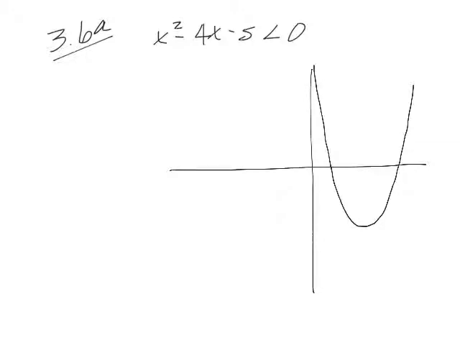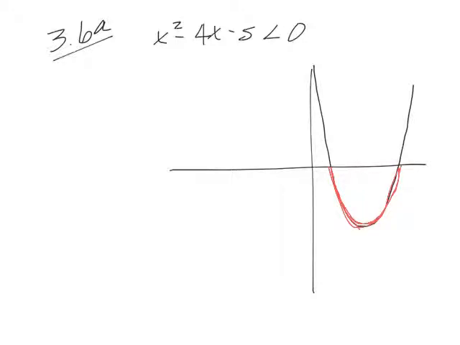If you look on page 320 at the bottom, it looks similar to that. What this is saying is, I want to know what values I can put in for x so that my y is less than 0. So I'm only interested in this part of the graph where my y is below the x-axis, when my y is less than 0.